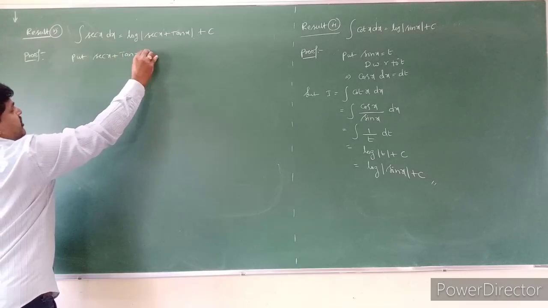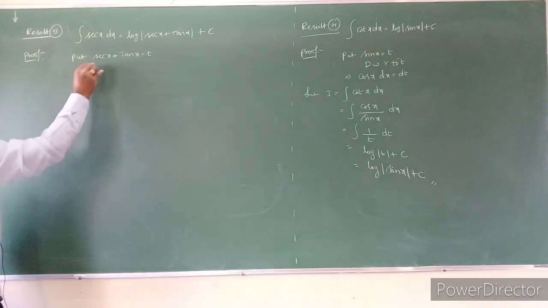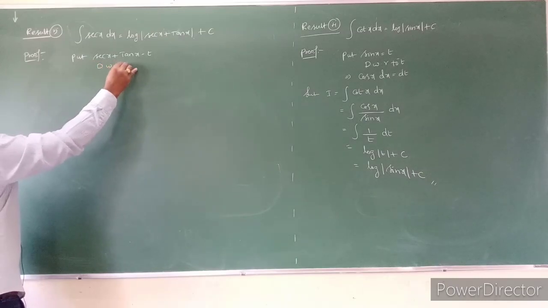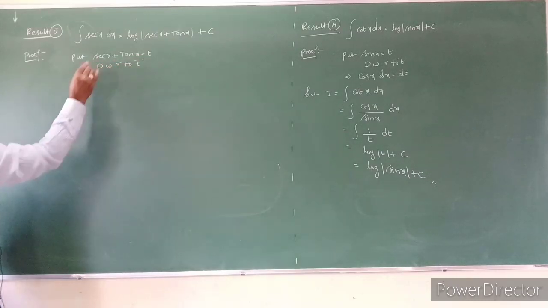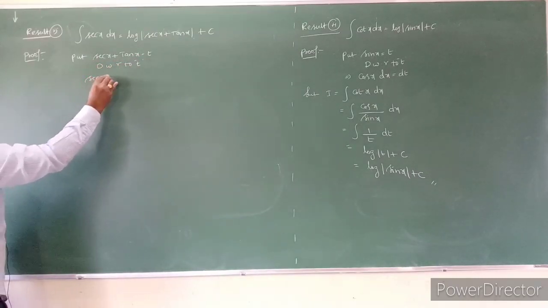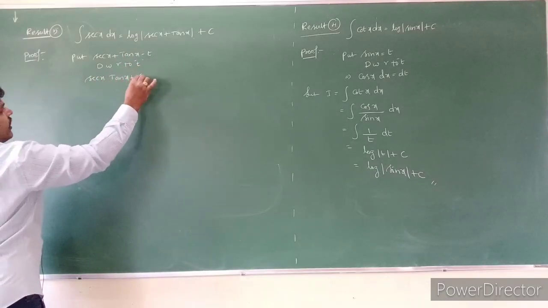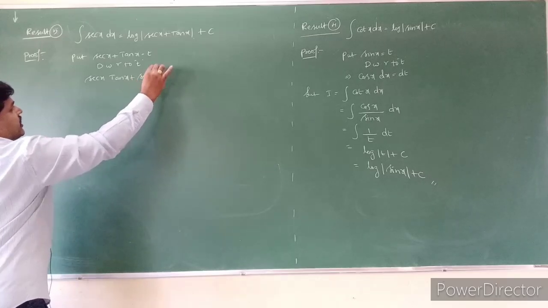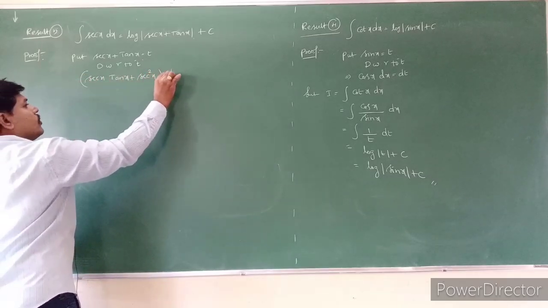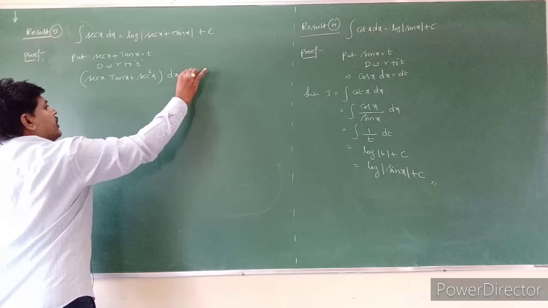Put secant x plus tan x is equal to t. What happens? Differentiate with respect to t: secant x derivative is secant x into tan x, plus derivative of tan x is nothing but secant square x, into dx is equal to dt.